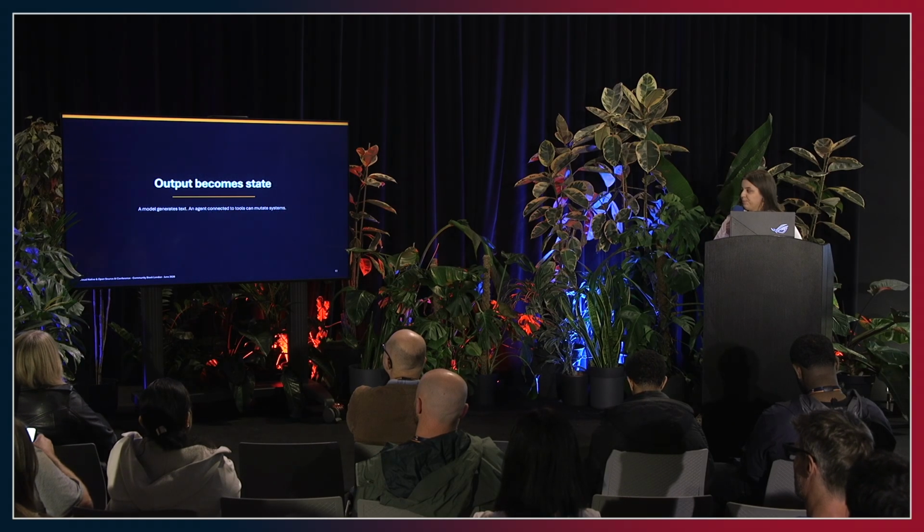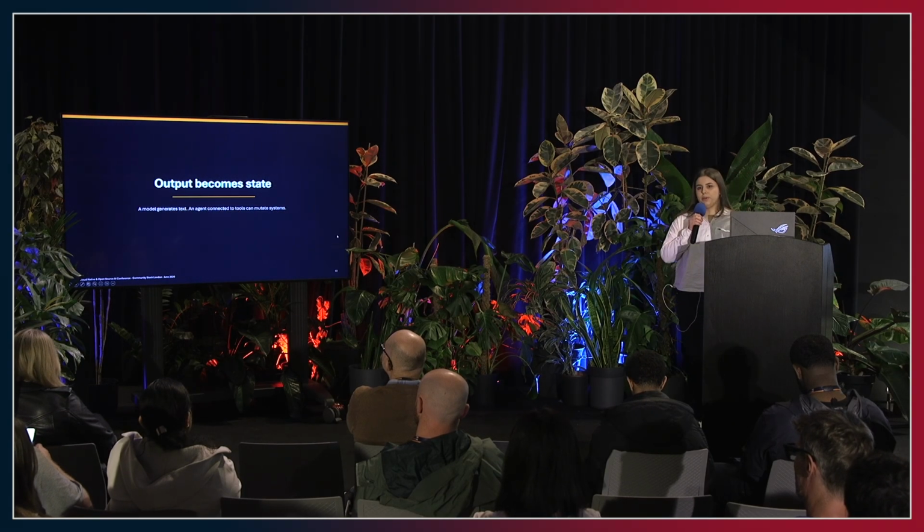Good. So the state. Everyone who is an engineer in this room, and probably even non-engineers at this point, we're all aware that state is one of the core concepts in engineering. Now the states are also agent engineering concepts, because we all know that state can change and it can alter the way that our platform and our application reality behaves.